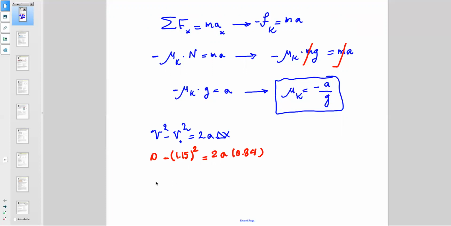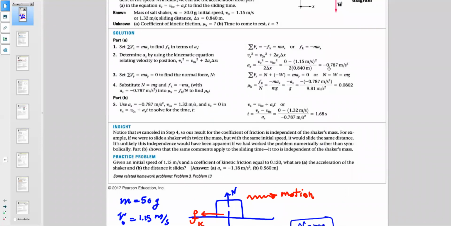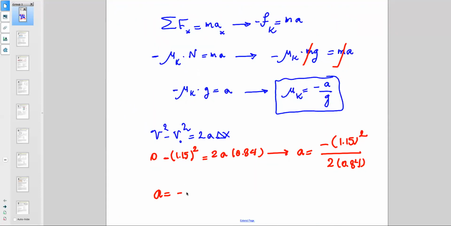So if I solve this for a, it is negative 1.15 squared over 2 times 0.84. If I put that on the calculator, then I would have this number, negative 0.787 meters per second squared.